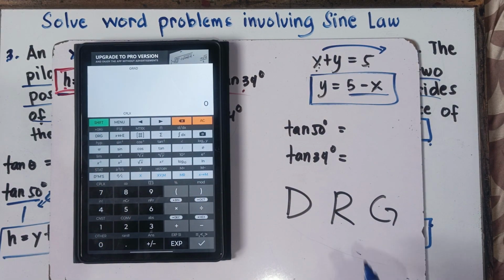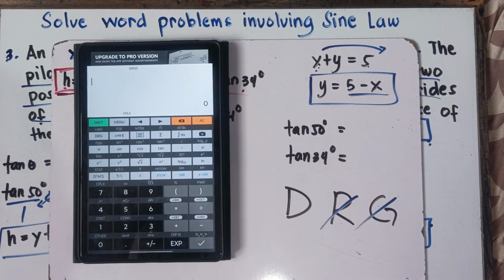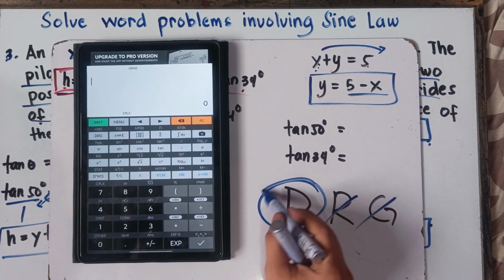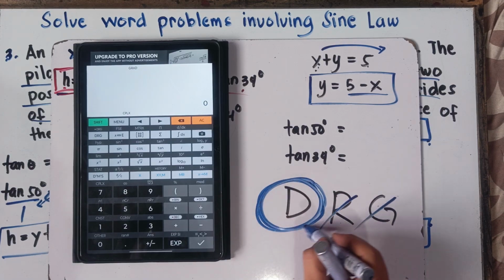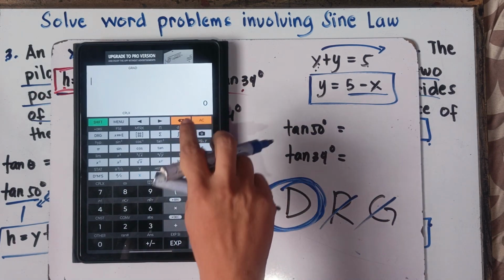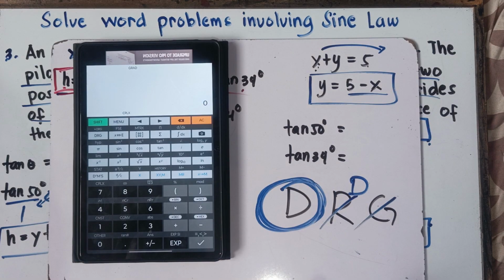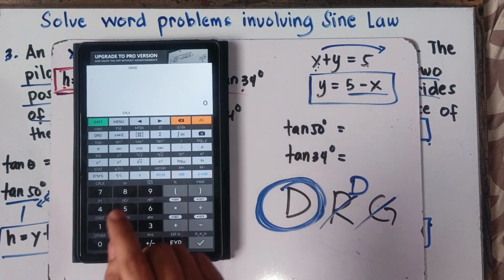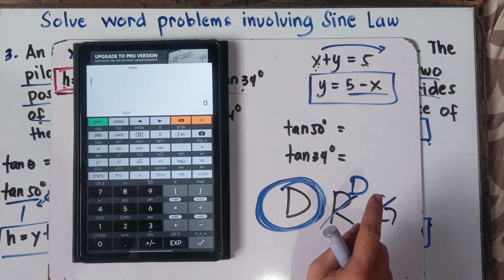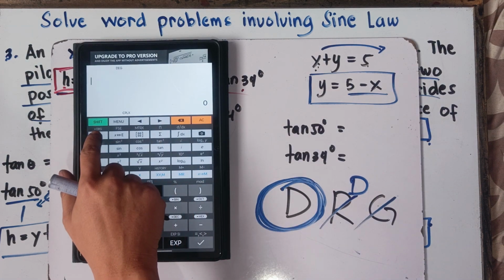If you see R or G, I'm sure you will commit a mistake, because your answer will not be the same as mine. The standard mode should be D, degree. Make sure in your calculator you see letter D. Remember that the standard mode is degree. So change this into degree.